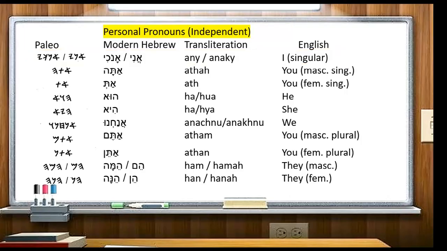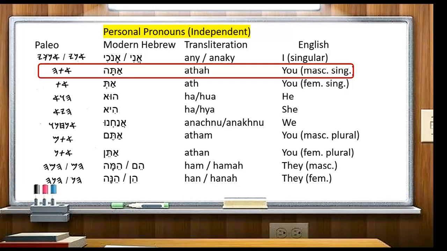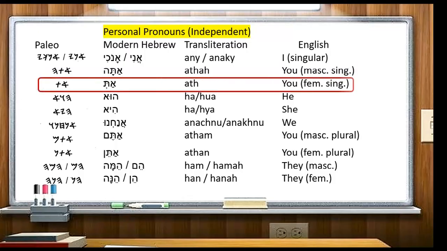Next, we have you, masculine, atha. Then we have you, feminine, ath.